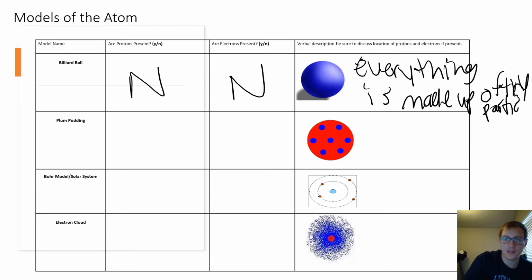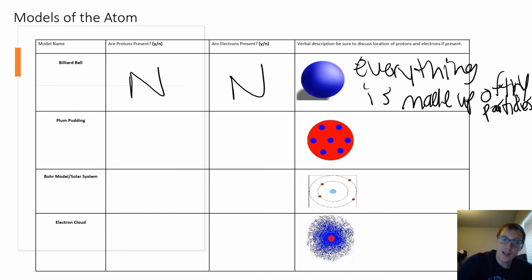And that's all they said. They didn't know anything about charges, or really anything. They just simply stated that as you get smaller and smaller, things are made up of these tiny particles, or billiard balls as they called them. And that's basically it.